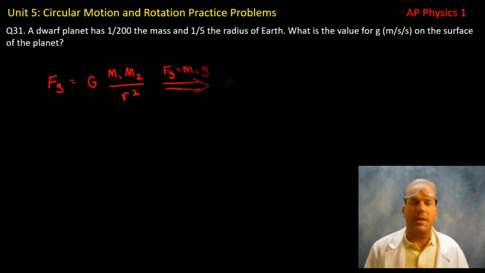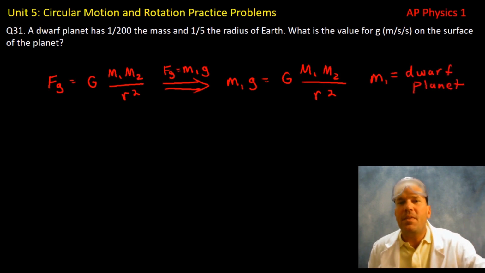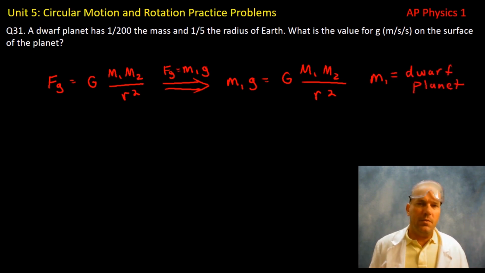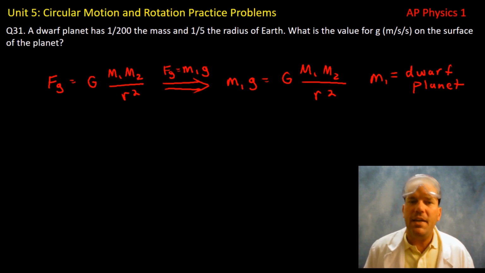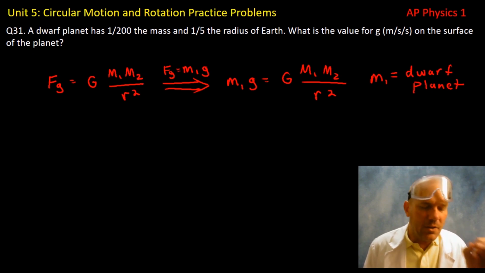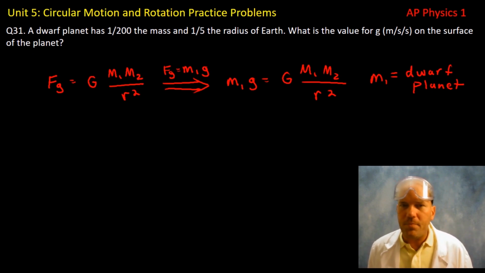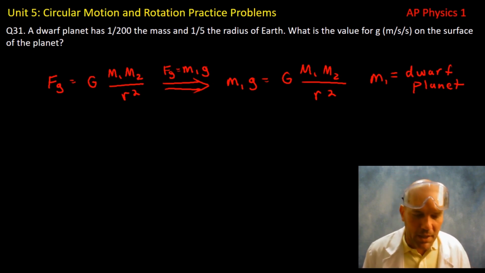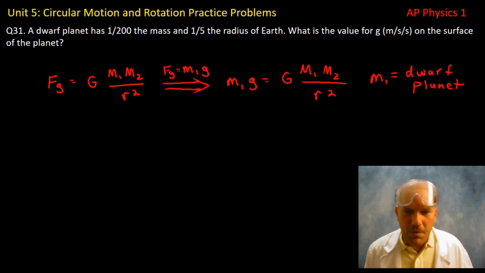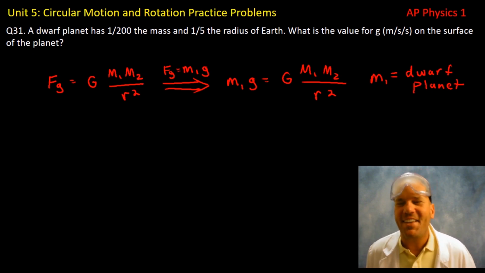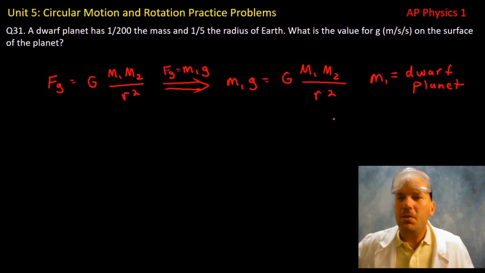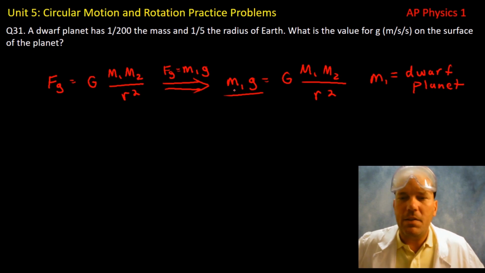Let's look at what this would be like. We have the force of gravity. That is equal to the universal law of gravitation. We have that expression. Then we're saying the force of gravity for an object on or near the surface of this dwarf planet is equal to the mass of that object multiplied by the gravitational field, or the acceleration due to gravity, and that is equal to the universal law of gravitation. Then we're going to look at what this is here.